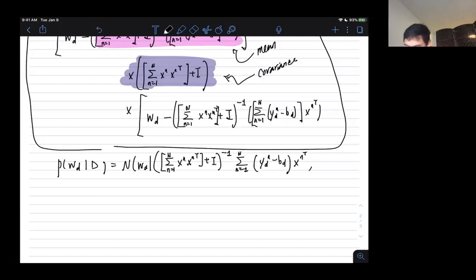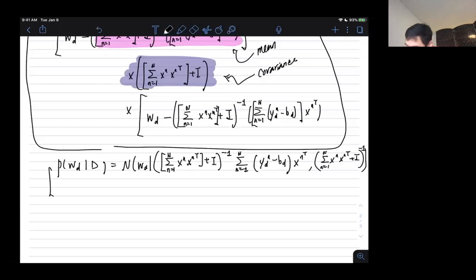So that's going to be the mean. And then our covariance is going to be similarly the sum n going from 1 to N, xn xn transpose, plus the identity, and then inverse. So this is going to be our posterior distribution over a single column of the Wayne matrix.